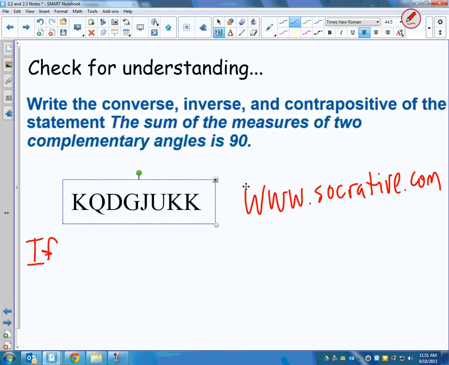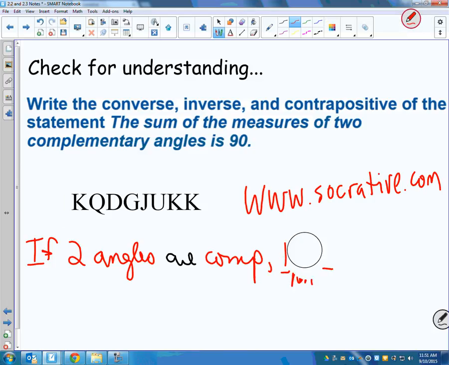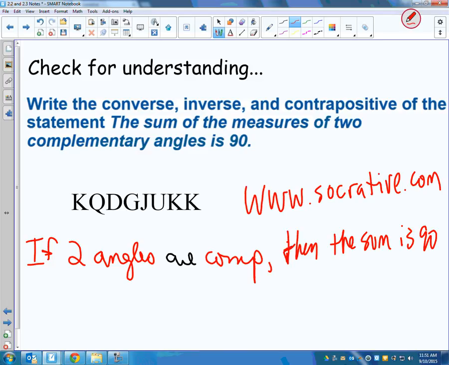I think you have to say, if two angles are complementary, then their sum is 90. The sum of the two angles. I'm just shortening that up. All right, so that's what I think your if-then statement should be.